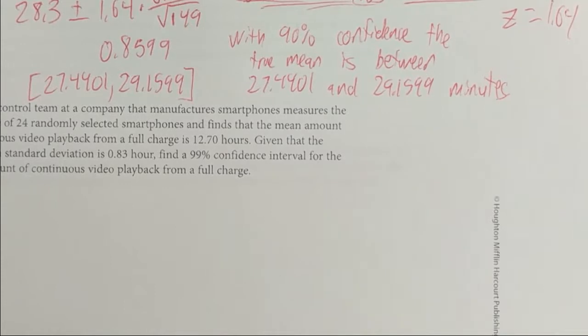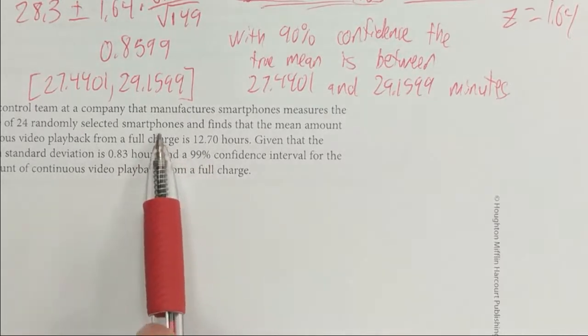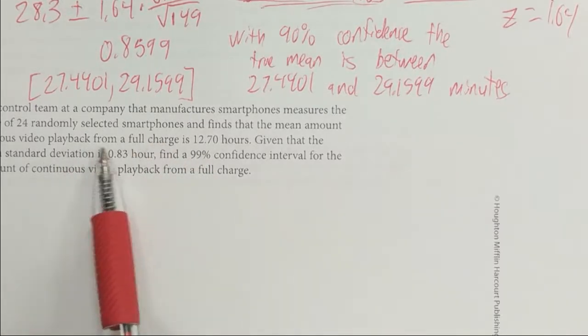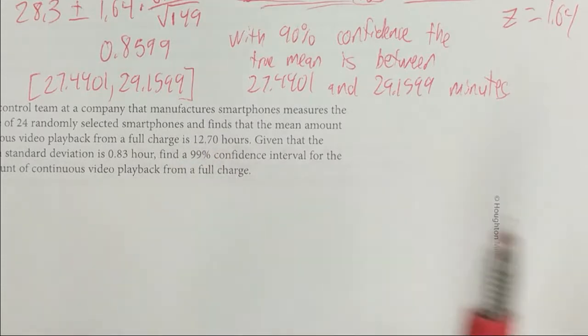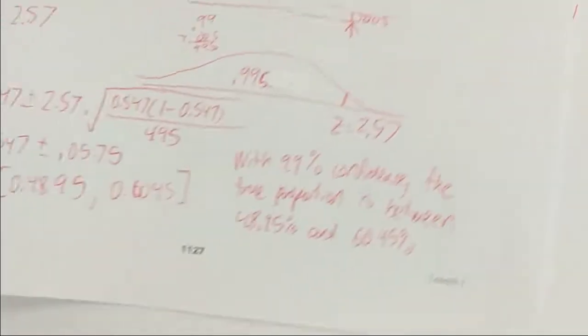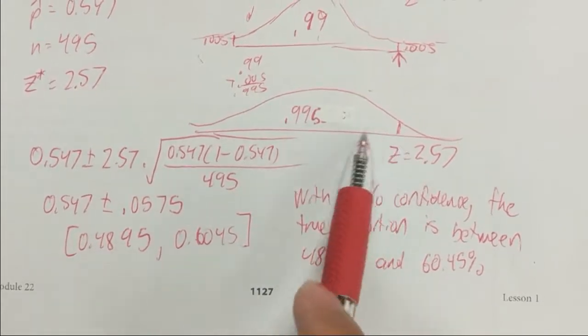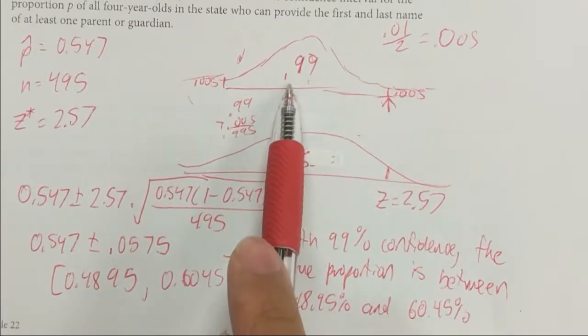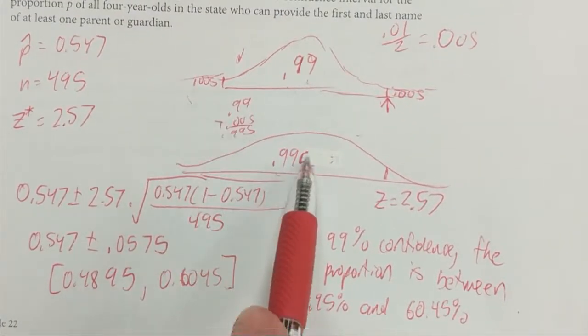Okay, so here we're looking at the amount of time that phones can play a video before running out of power. That's numerical, the number of hours. We're looking for a 99% confidence interval again, so I'll just reuse the number from before. 0.99 in the middle, you add on the tail.